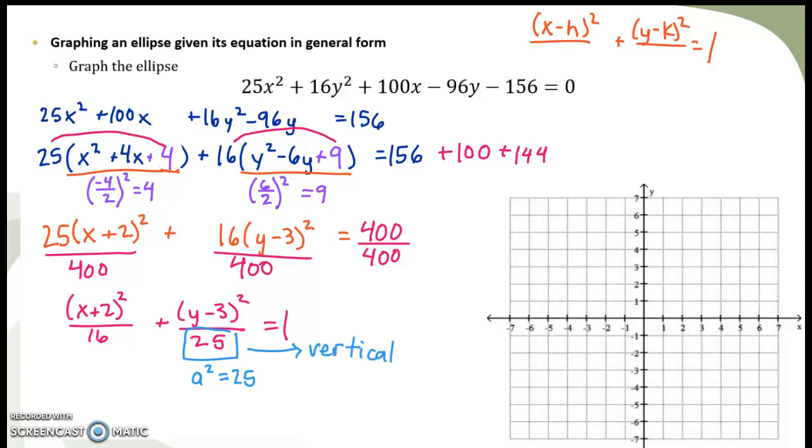This equation also gives me my center, h, k. So my center is at h, or negative 2, and 3. Remember, we always have h attached to the x and k attached to the y. So negative 2 and 3.